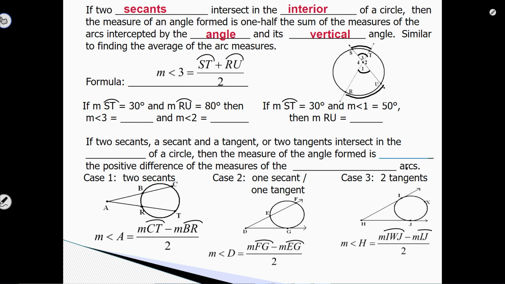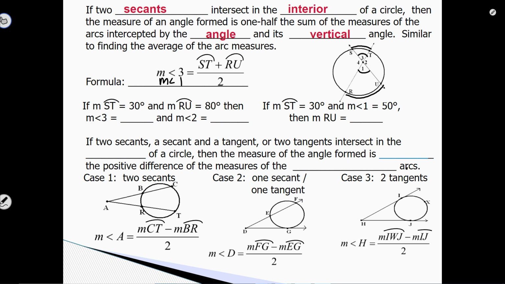You can take those two arcs and add them together and then divide by 2, and it will give you the measure of those two angles. Angle 3 and 1 will be congruent because they are vertical angles, so adding this would also give me the measure of angle 1 as well.